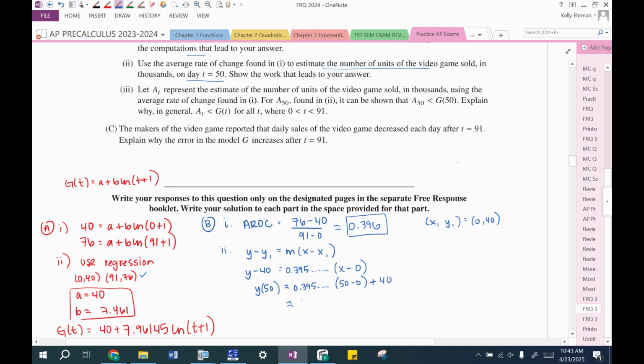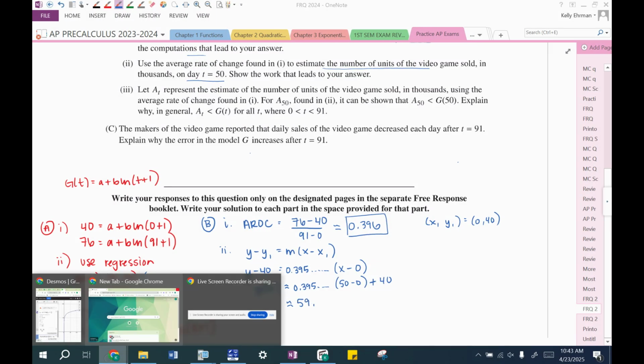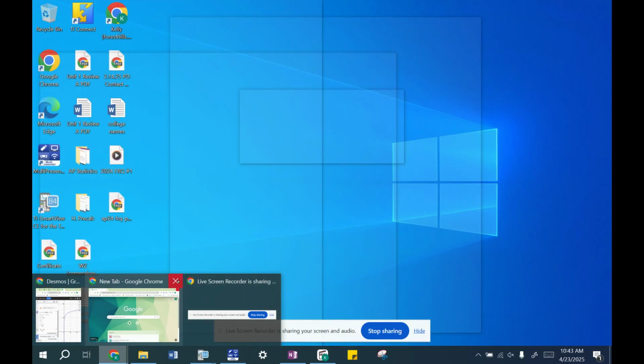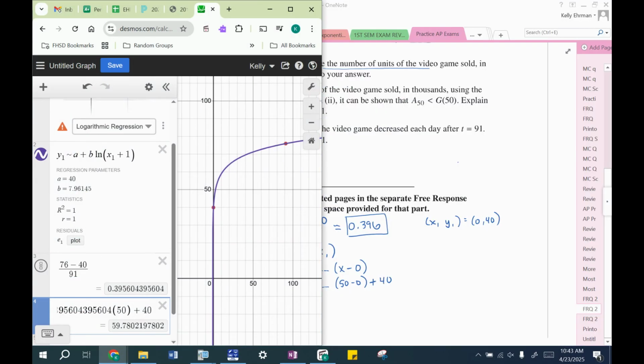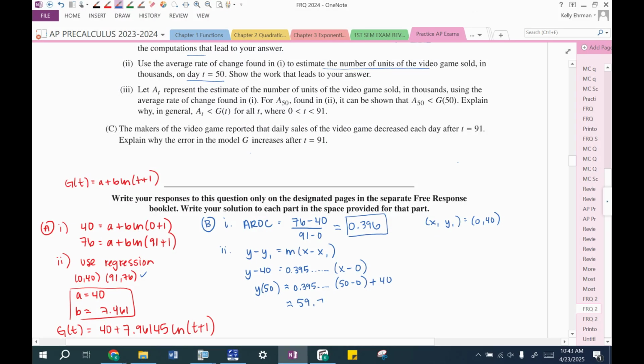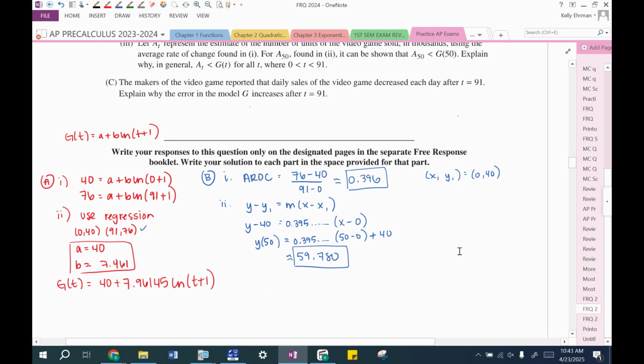Again, that would be thousands of units sold, so we don't need to round that to the nearest unit. In a practice test, we rounded to the nearest plant because that made sense, but you can have decimals of thousands.